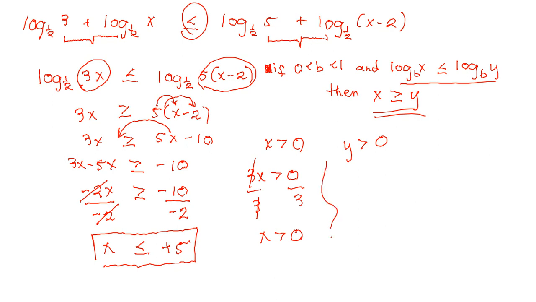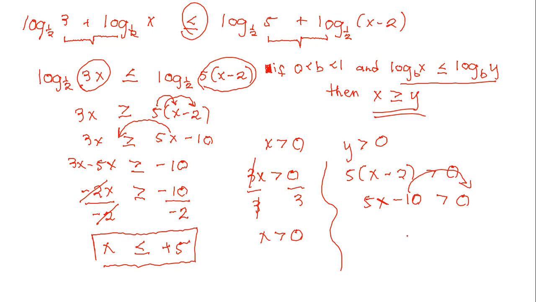Sir, paano naging 0? If the numerator is 0, automatic the value of x is 0. Okay? Next one naman po is yung 5 multiplied to x minus 2. Distribute, magkakaroon tayo ng 5x minus 10.